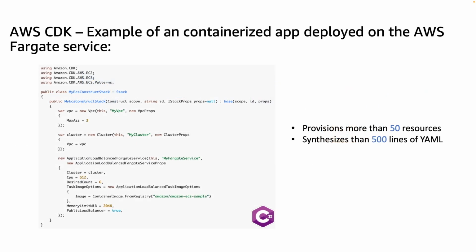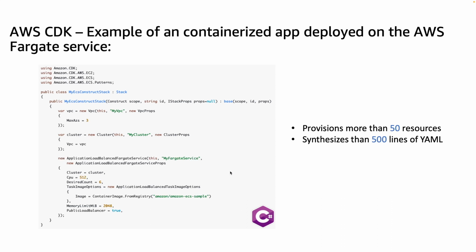Now, this example is for creating a containerized app deployed in AWS Fargate service. On the left-hand side, you can see that we are creating a VPC. In that VPC, we are only passing the name of the VPC, then we are passing the max availability zone 3, then we're creating a cluster in that VPC. And then we're also providing the configuration for the Fargate service, like, okay, the CPU size will be this, and desired count is this, and memory limit, and so on and so forth. And then also the registry image.